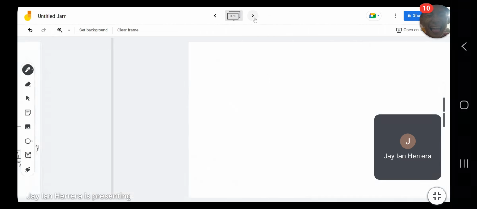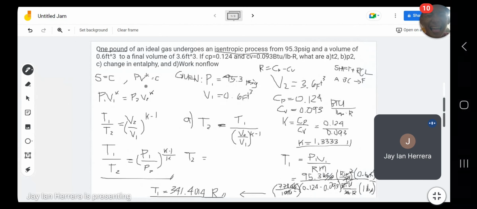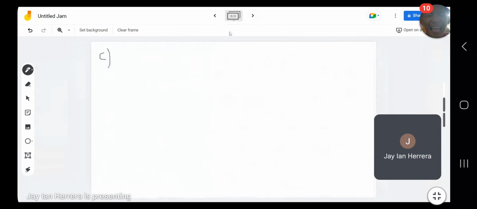Then next, sa C naman, matrabaho kasi isentropic yung relations na ito. Pahirapan hanapin yung mga ibang properties. C and D, change in enthalpy and work and flow. So change in enthalpy tayo.